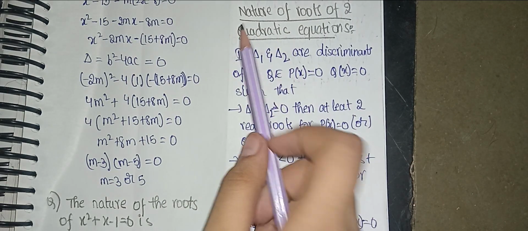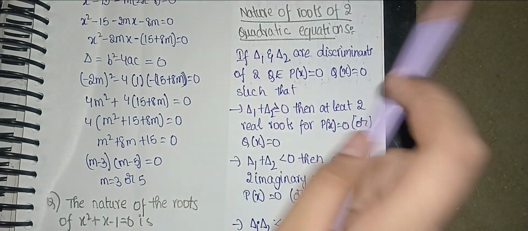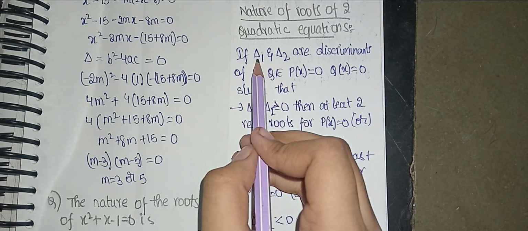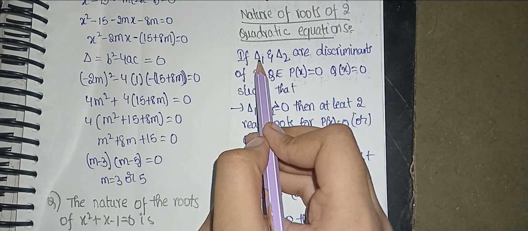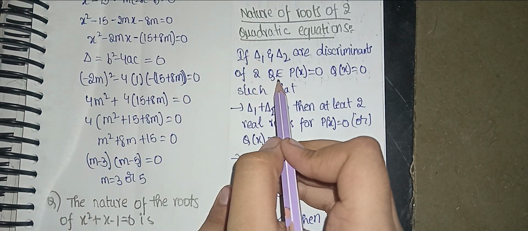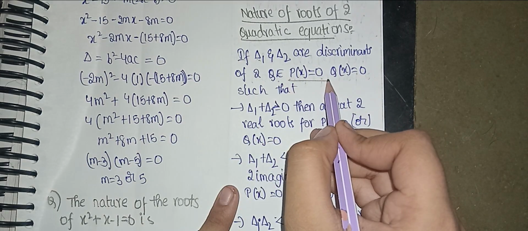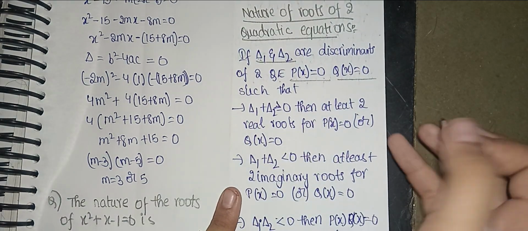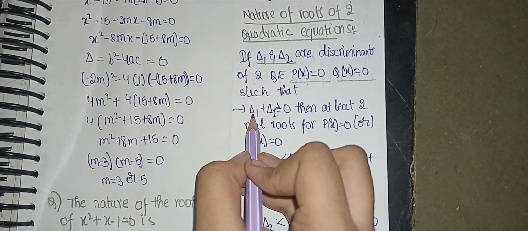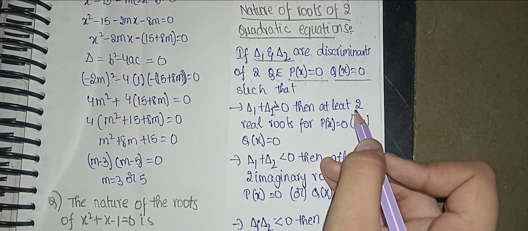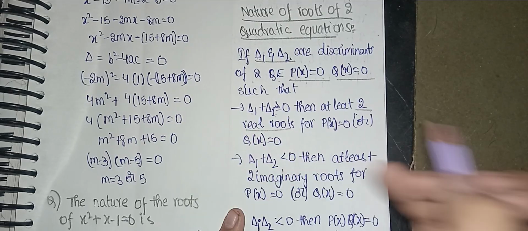Here, nature of roots of two quadratic equations. We'll know all about this. There are two discriminants, delta 1 and delta 2, of two quadratic equations, p of x is equal to 0 and q of x is equal to 0. And if we add delta 1 plus delta 2, then we'll have at least two real roots.